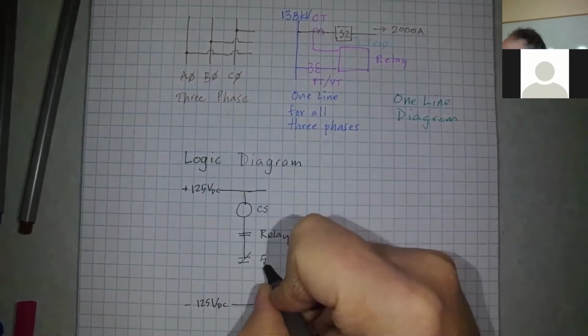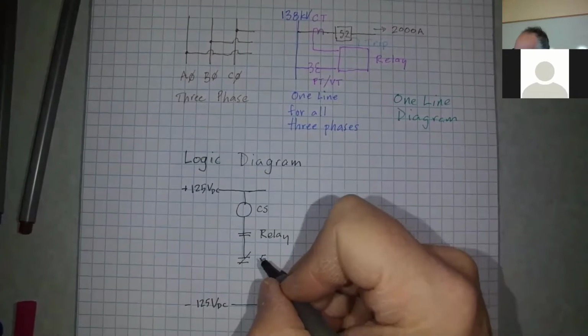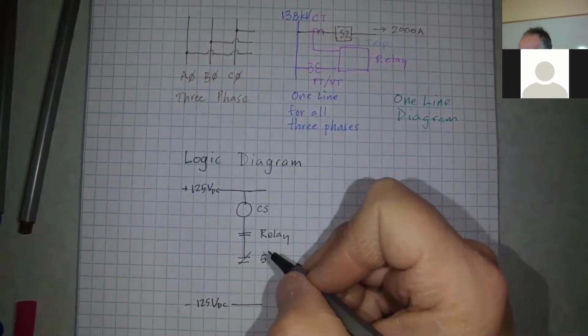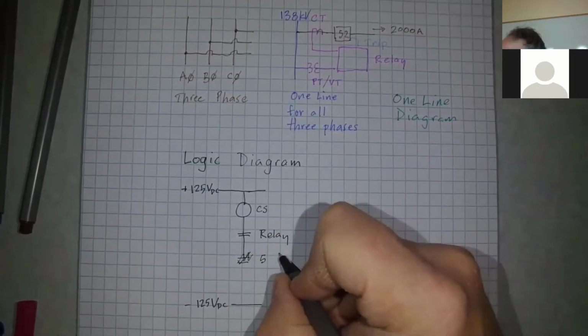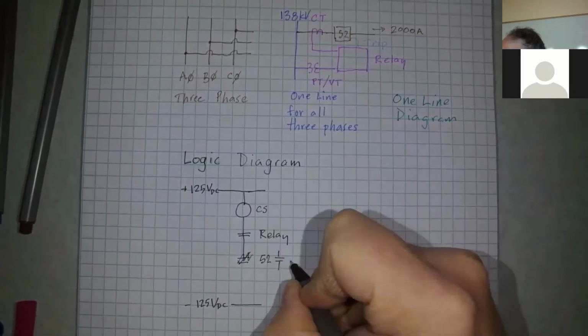We'll have the 52, oh, that would be the B. Normally open 52A.